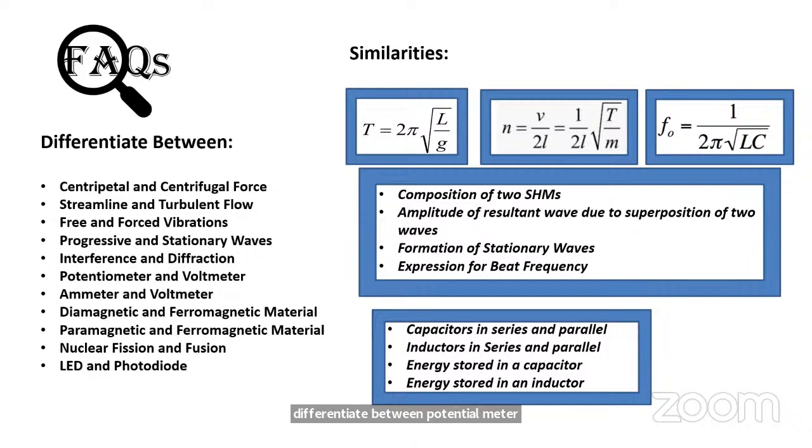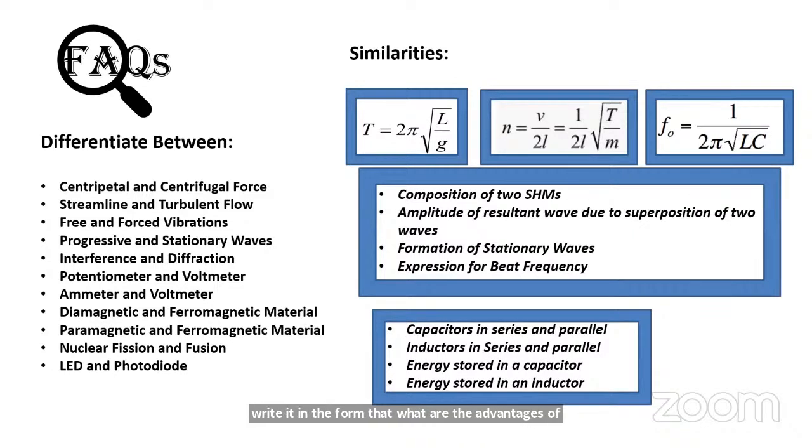They may slightly change the language of question. State how potentiometer is advantageous than voltmeter. What are the advantages of potentiometer over voltmeter? So whatever are those 4 points of differentiation, only you can change the language of answer. And then you can write it in the form that what are the advantages of potentiometer over voltmeter.